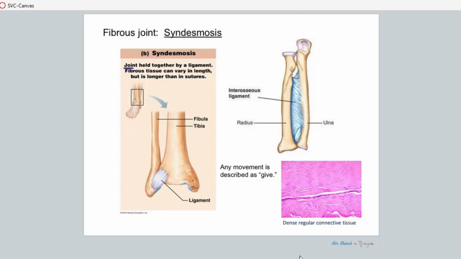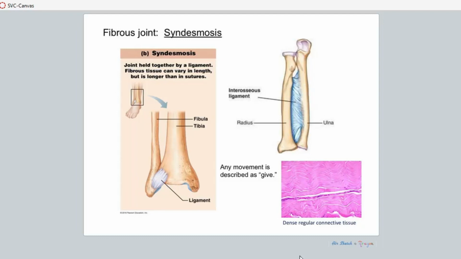These are joints held together by a ligament. And so the tibia and the fibula down here at the distal end are held together by a ligament. The ulna and radius are held together by this ligament here. And again, these are not supposed to move. Okay, any movement here we describe as give, and we don't want a lot of give here.